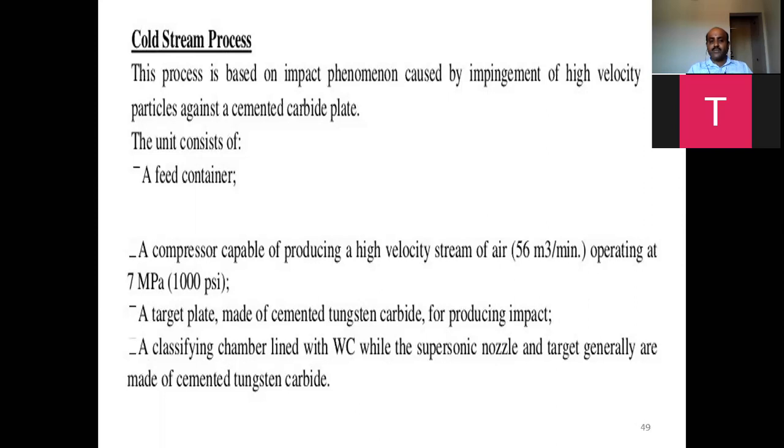The unit consists of a feed container, a compressor capable of producing a high velocity stream of air operating at 7 megapascals, a target plate made of cemented tungsten carbide, and for producing impact, a classifying chamber lined with tungsten carbide, while the supersonic nozzles and the target are generally made of cemented tungsten carbide.